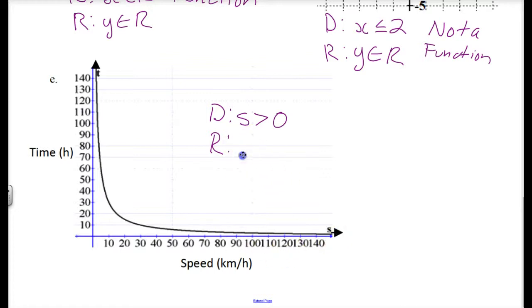We can't get there instantaneously, wherever it is we're going. So speed is strictly greater than 0, not greater than or equal to. We can't be equal to 0, nor can the time be equal to 0. And although this looks like it climbs straight up, it is in fact a function. For a given speed, there will never be two different times.